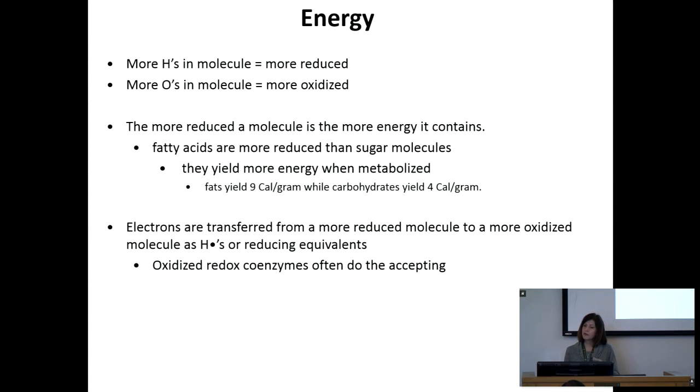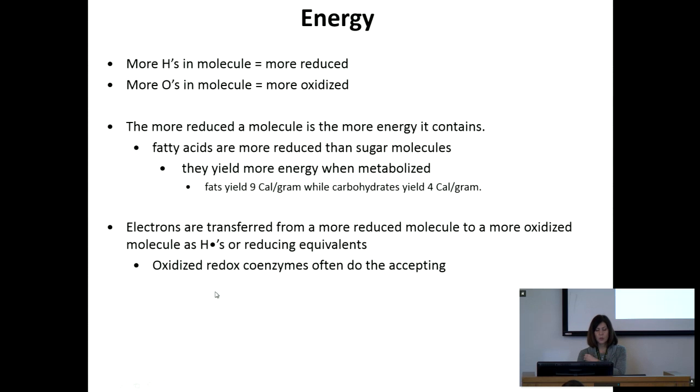But here in redox reactions in biochemistry, we're also going to be transferring hydrogen, but they're going to have an extra electron. So hydrogens are pretty useful, right? Either they can be just a proton as an H+, or a hydride, H-. So it's very cool how hydrogen can be used in our reactions.